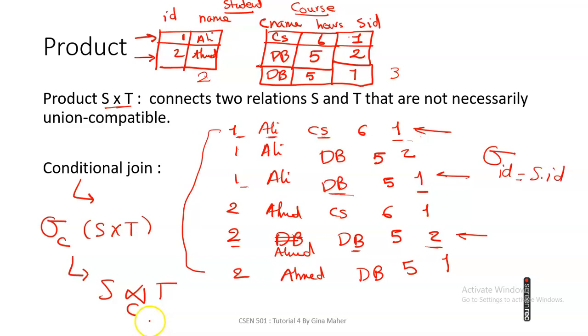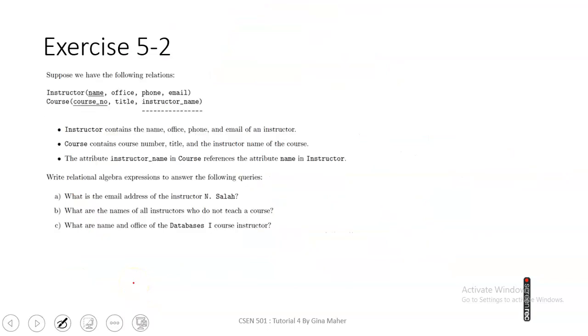Okay? Let's try to solve some examples. Exercise 5.2, we have two relations, instructor and course, where the instructor contains name, office phone, and email. The course contains course number, title, and the instructor name.